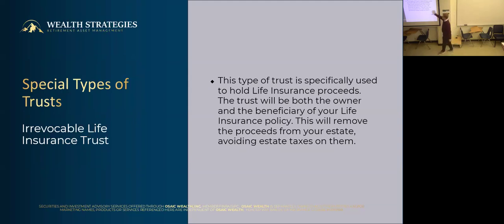Usually this will be used if somebody assumes they're going to have a $20 million or $30 million estate, and the estate tax exemption of right now 15 million isn't going to cover it, so there's going to be some estate taxes, some death taxes. So they'll create this special trust off on the side where the contributions go in, and the beneficiaries of their own accord just so happen to buy life insurance on this person who has this giant estate.